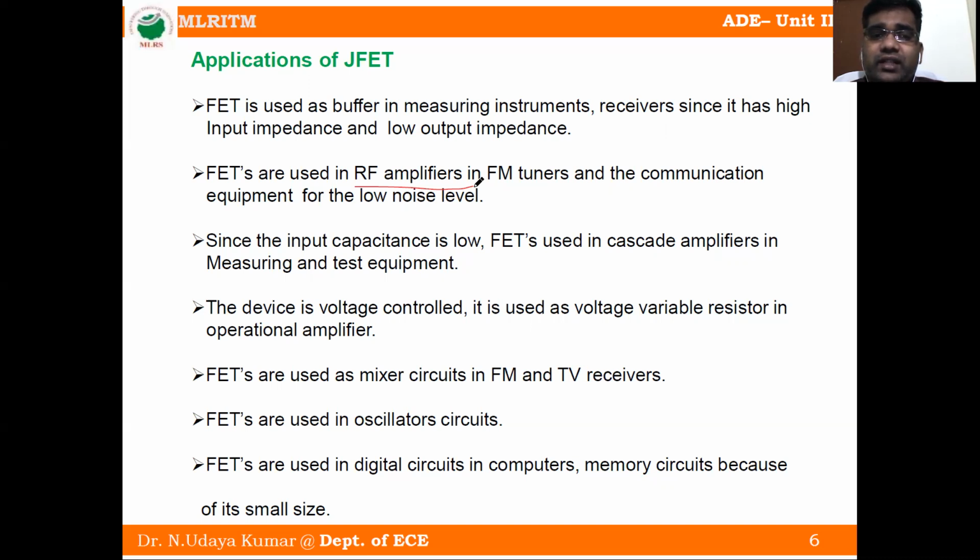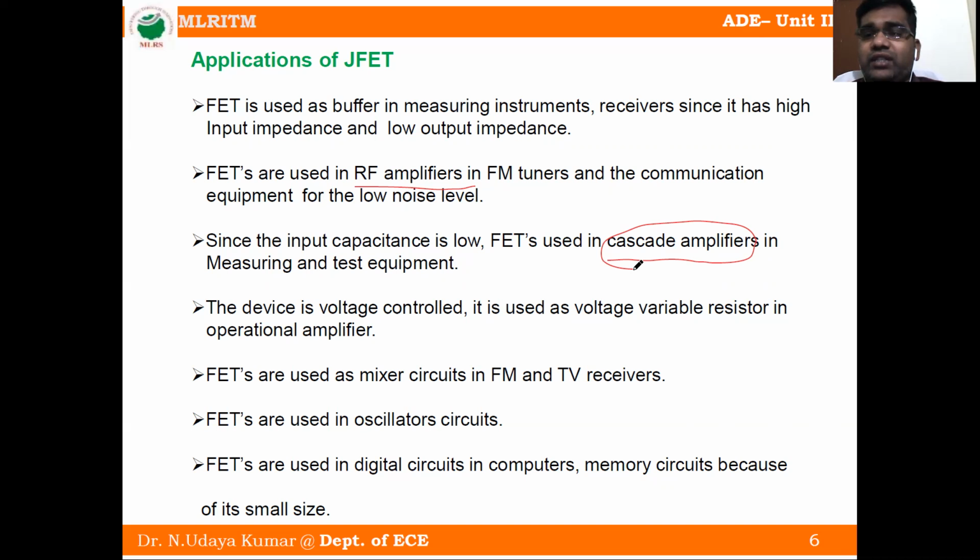Since the input capacitance is low, FETs are used in cascade amplifiers. So what do you mean by cascade amplifier? It means we are connecting stages one by one, because the output side has low output impedance.